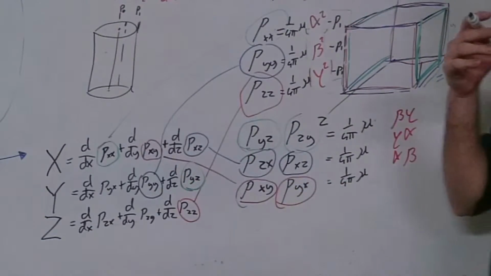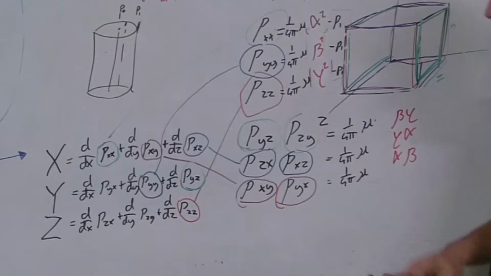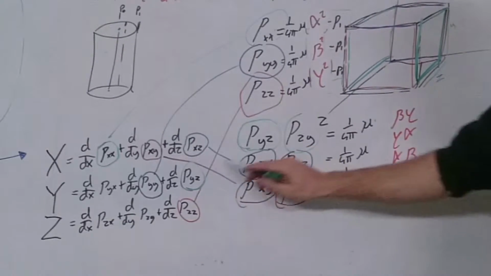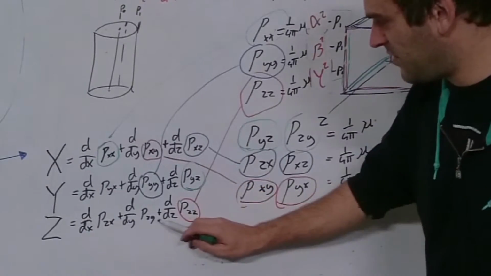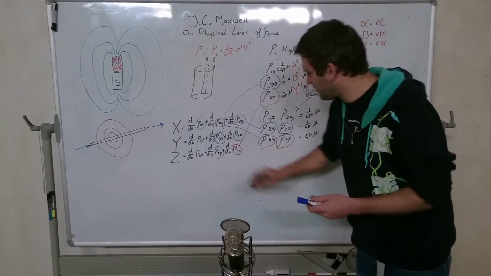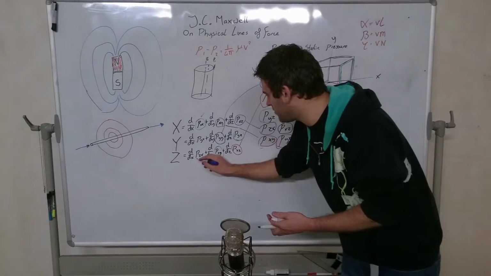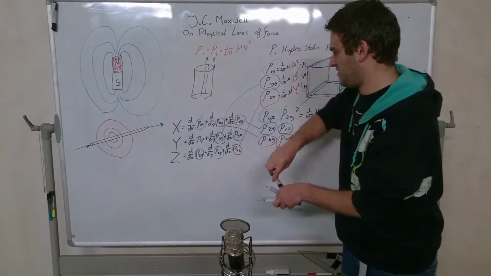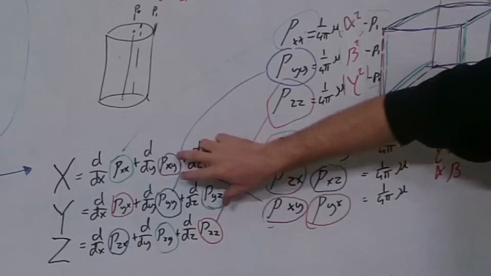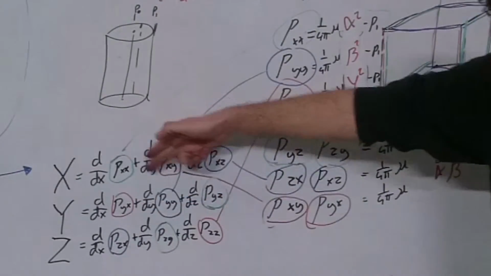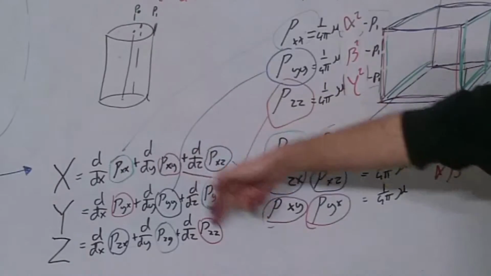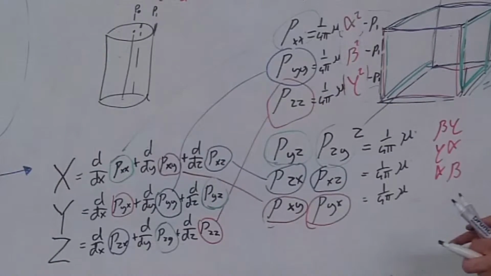And you will eventually get a feeling of this. PYZ, yeah, you see, PYZ is a green one here. So if there's a green one here, PYZ, ZY is there. That would be a green one. Then this would be a blue one. And this will be a red one. These three are about the rotating forces, and this is the normal forces, the normal stresses.